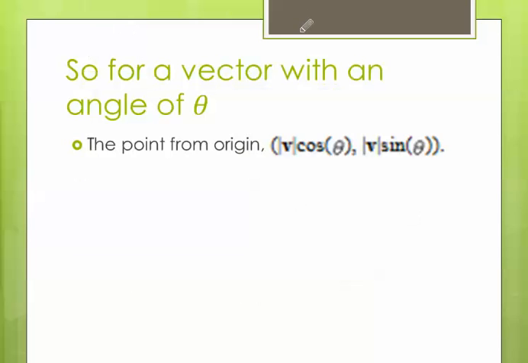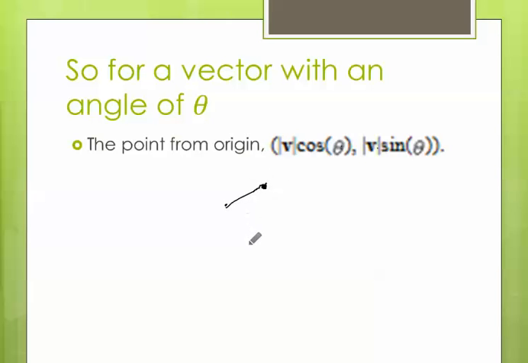Okay? So, a vector with an angle of theta. If you look at it from the origin, if you find the magnitude of the vector times the cosine of theta, comma, magnitude of the vector times the sine of theta, that's where the point will be located.